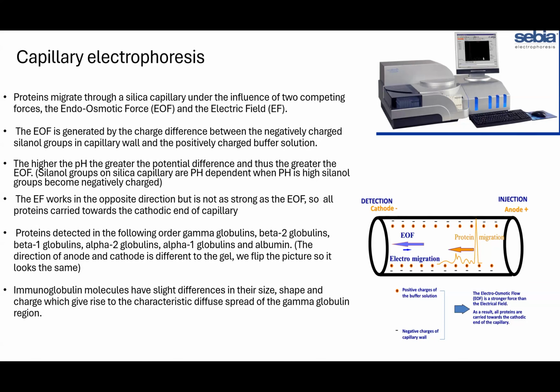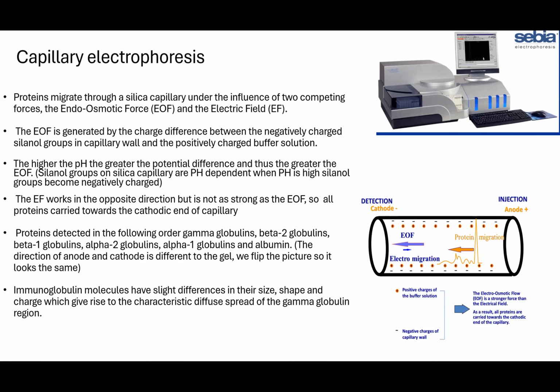But it's important to know that this EOF, this endosmotic force, is much stronger than our electric field. And because of that, all the proteins are carried towards the cathode end of the capillary. And that's one of the differences between gel electrophoresis and capillary electrophoresis.